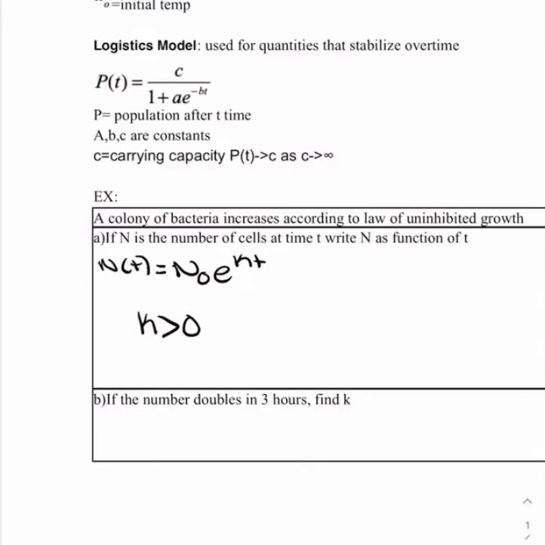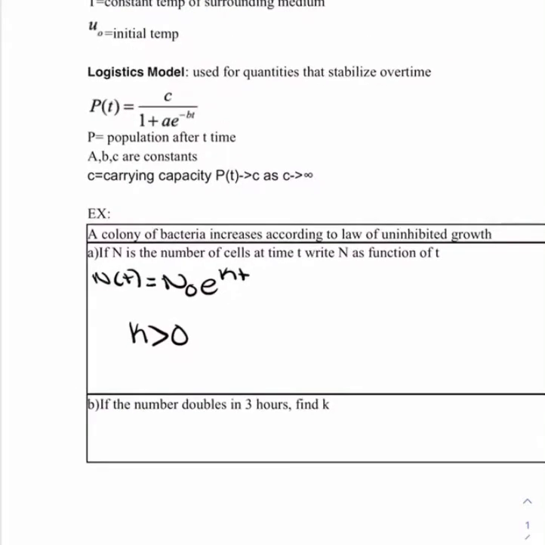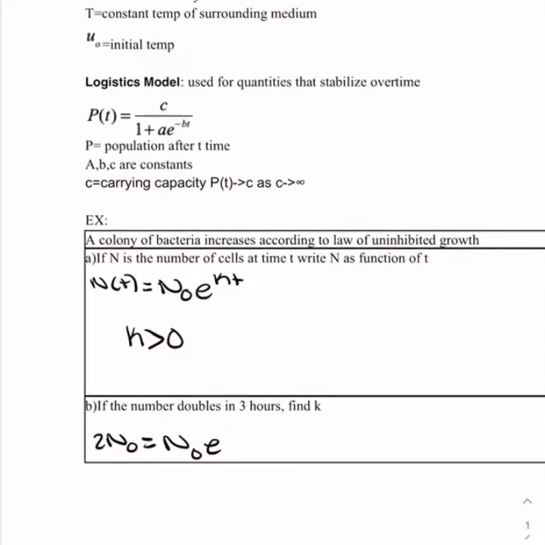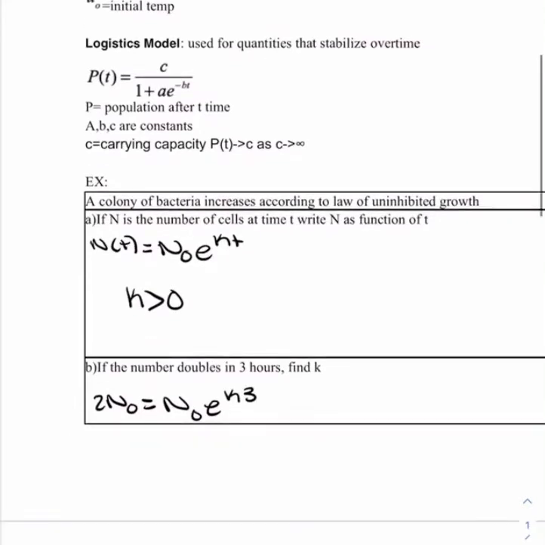So our initial value doubled, so 2 times the initial value equals N sub 0 e, and then we don't know k, but we know t is 3. So those N sub 0s cancel on both sides. So we're left with 2 equals e to the 3k.